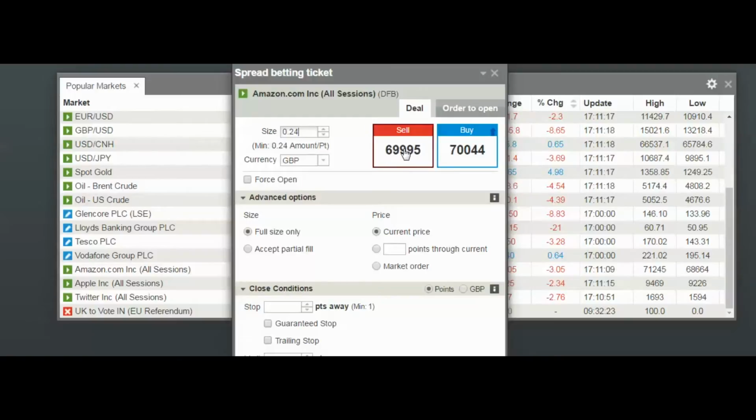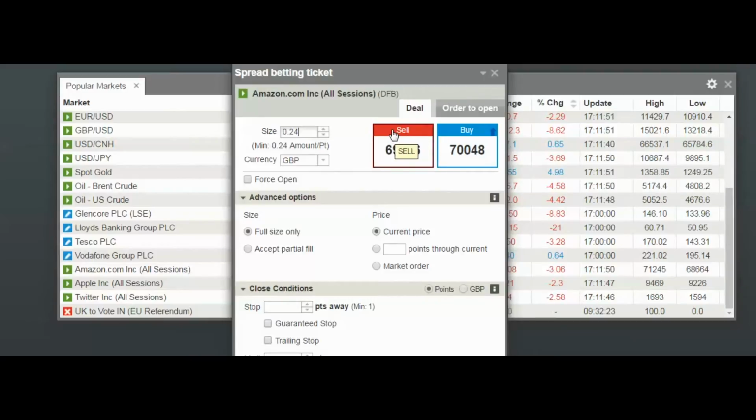So it's fallen by $50, but from a spread bet perspective, because you're adding two more decimal points on, you would say, well, it's fallen from 70,000 to 65,000. So a 5,000 point fall. Now, a 5,000 point fall at just £1 per point, that's £5,000 that it would have fallen by.